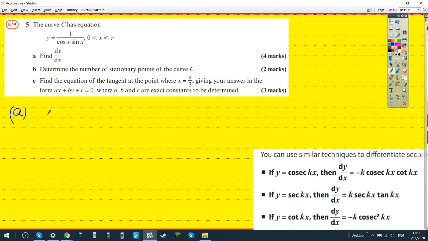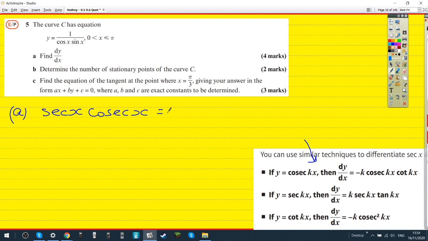Was there something that cos x sin x was the same as or something? 1 over cos x is the same as something. Sec x. Yeah, and the other one? Cosec x. Yeah, and in the formula booklet we have formulae for those.